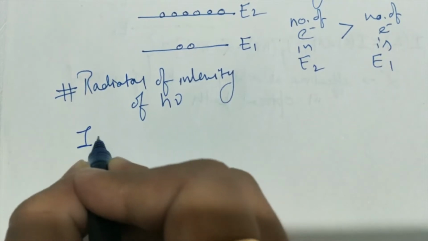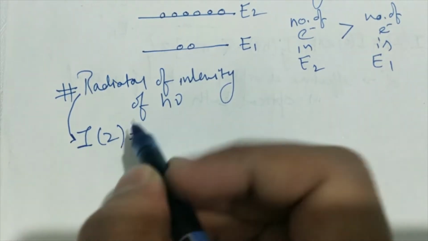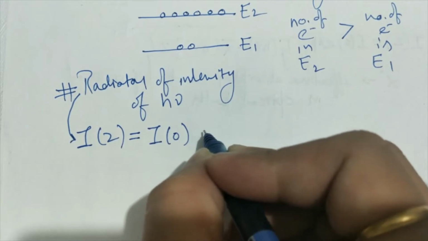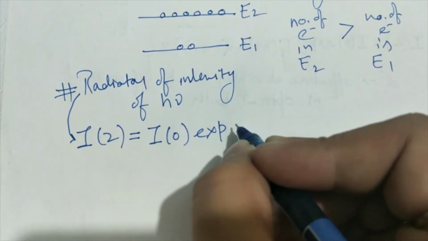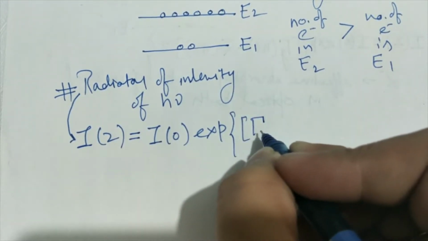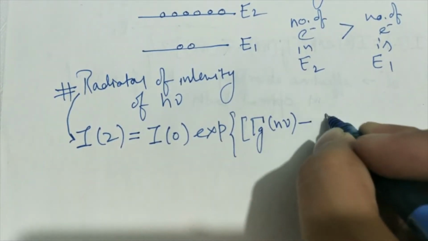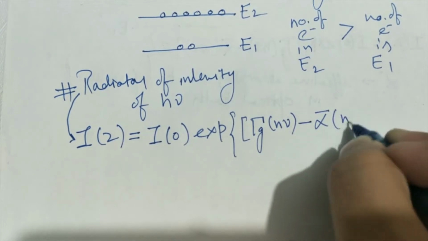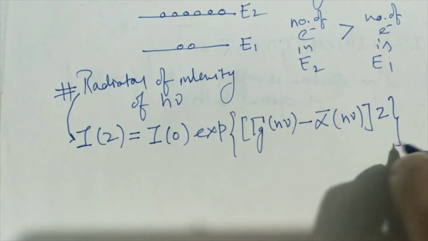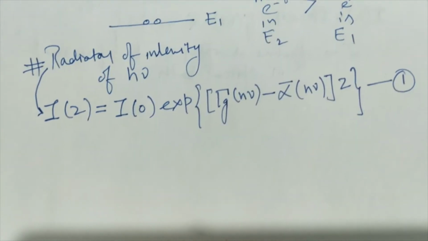In this there is an equation which gives the relation between radiation of photons: I naught times exponential of gamma, a function of photon, alpha, a function of photon, and z. Let us say this equation is equation number 1.